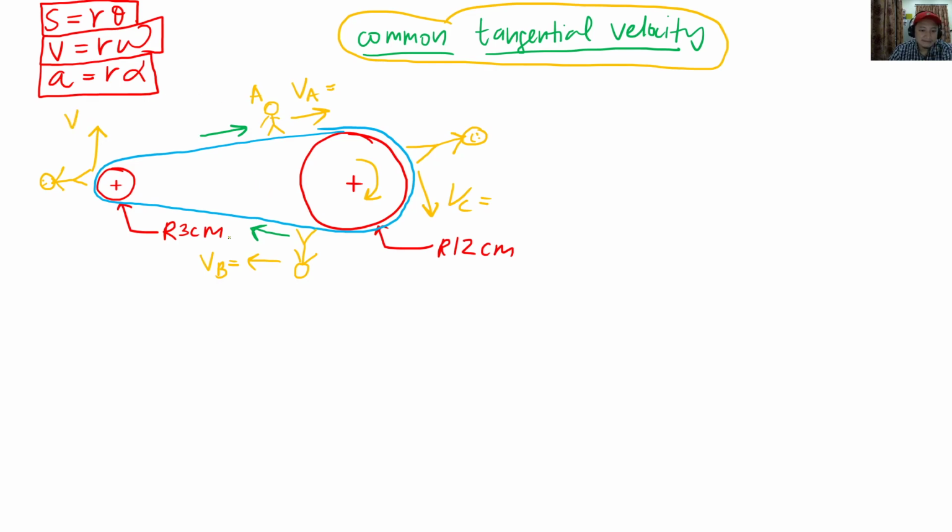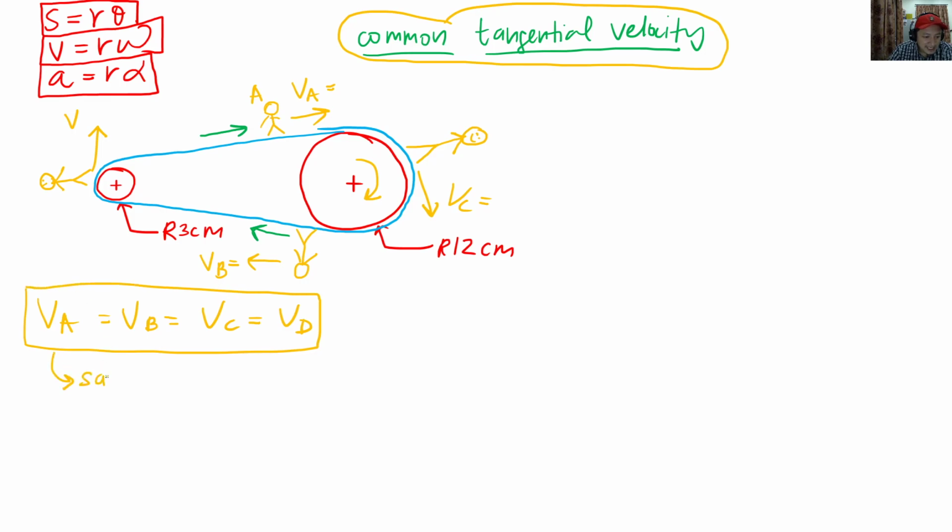VA equals VB equals VC equals VD. You share all common velocity. Why? Same cable, chain, belt.